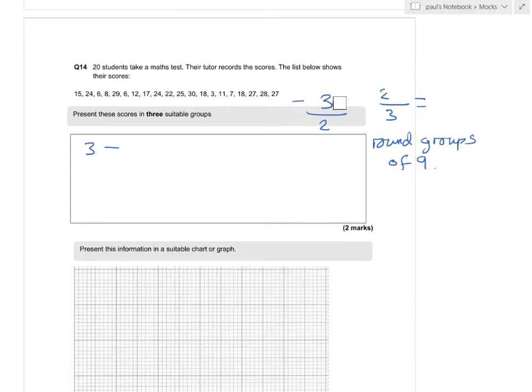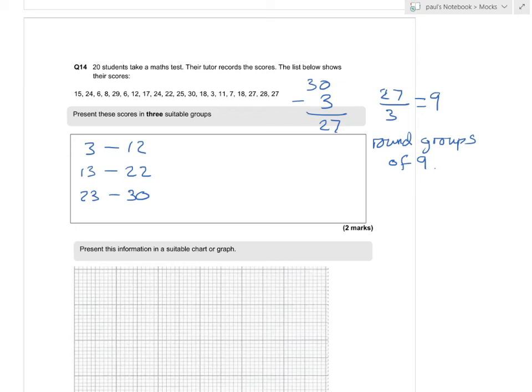Bear with me, because I've rubbed too much stuff out. 30 take away 3 is 27. So 27 divided by 3 is 9. It's groups of 9 anyway. So 3 to 12, and 13 to 22, and 23 I'll go up to 30. Yeah, so I've only got a 7 gap there.